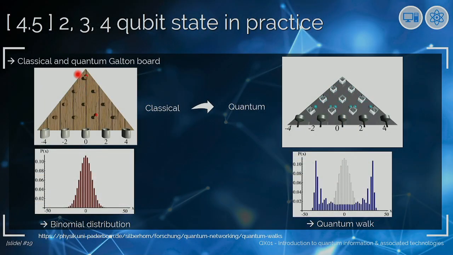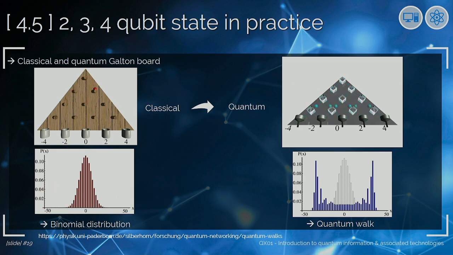If you then recollect the balls at the bottom with these 5 cups, what you would find is what we classically have using a Galton board, which is a binomial distribution.